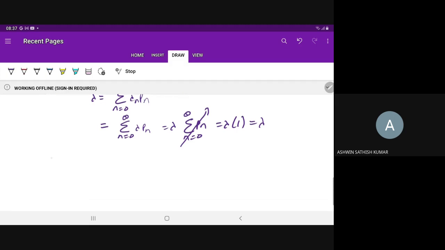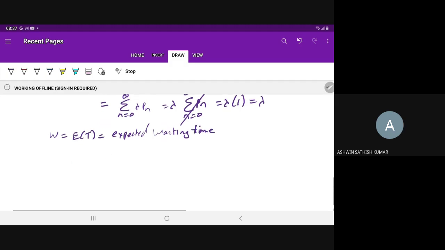Now from here we know what W is. W is the expected waiting time. By the little formula, expected waiting time is L upon lambda bar.